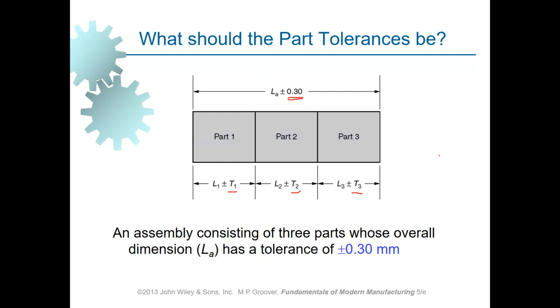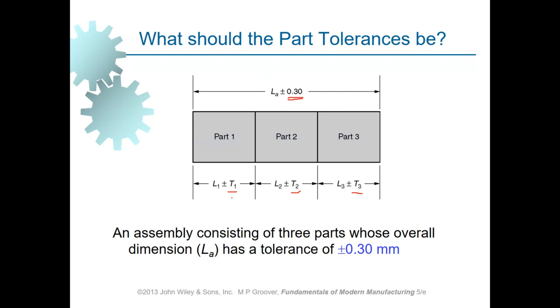Well, traditionally, what engineers do in the industry is to consider the worst case scenario, and that is to evenly distribute the tolerance of the assembly to the individual parts.